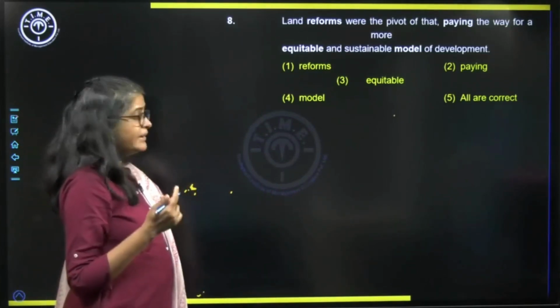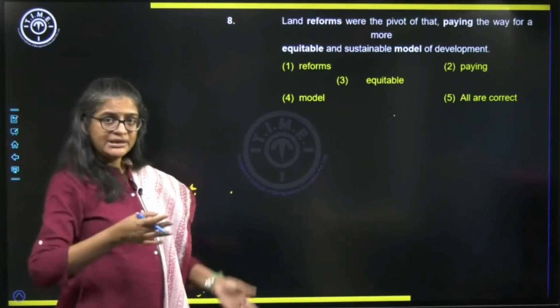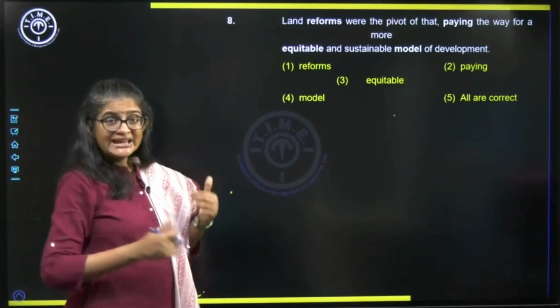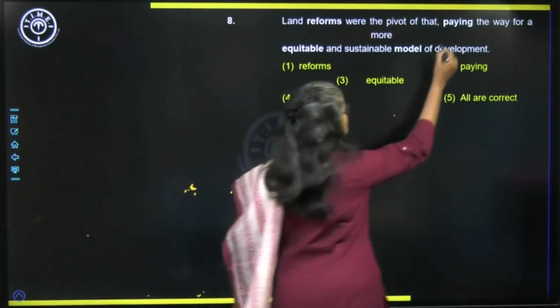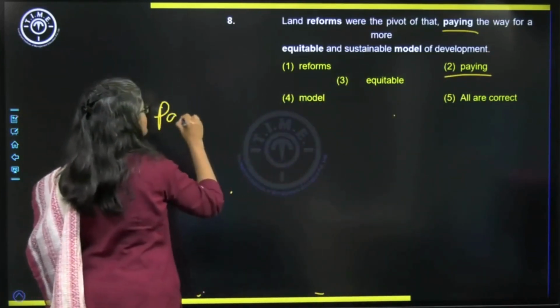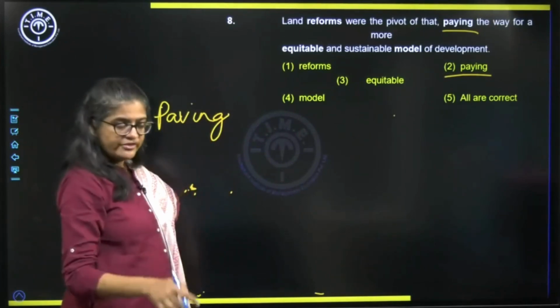Paving the way, not paying the way, right? To pave the way means to prepare, to lead to something or to prepare for something. Paving, not paying. So, the error is in that particular word, paving the way. I'm sure you've heard of this expression.